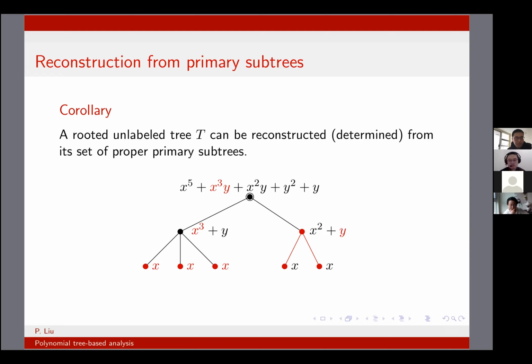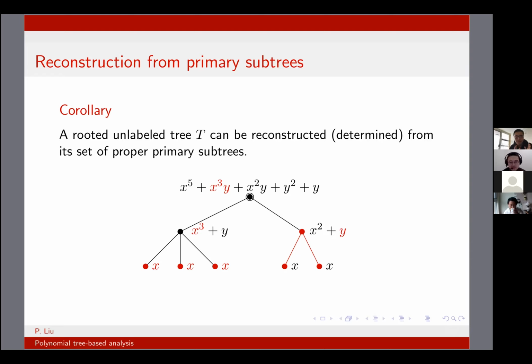Since you know there are 2 clades, you try to factor it, and after you factor it, you find there are 2 factors, and you know that there are 2 clades under the root. So if you subtract y, then the first 4 terms can be factored into (x cubed plus y) times (x squared plus y).